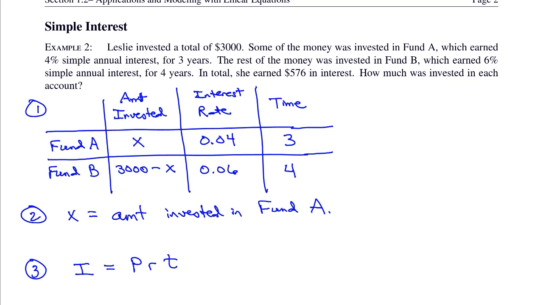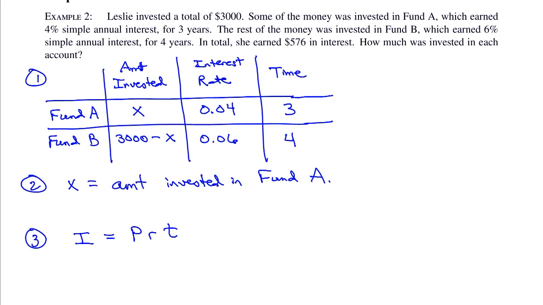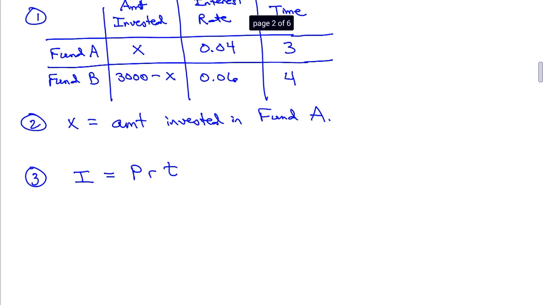Now the table is complete, and we have the 3 elements. We have the principal, the rate, and the time. And then Fund A is going to earn a certain amount of interest, and then Fund B is going to earn a certain amount of interest as well. Let's go ahead and calculate those now.